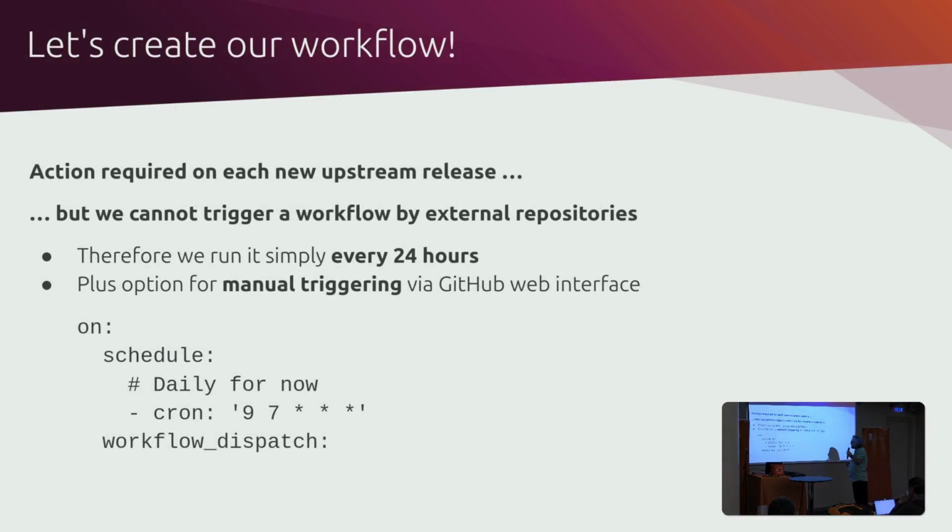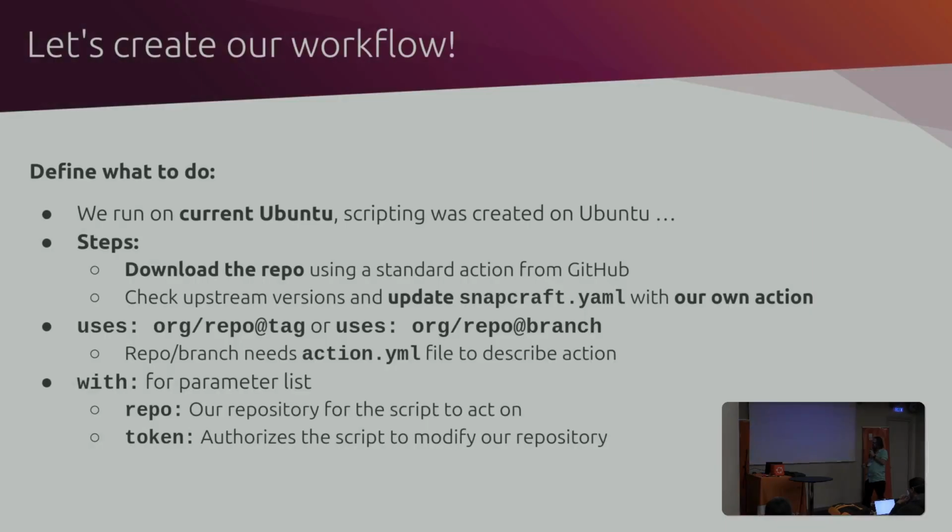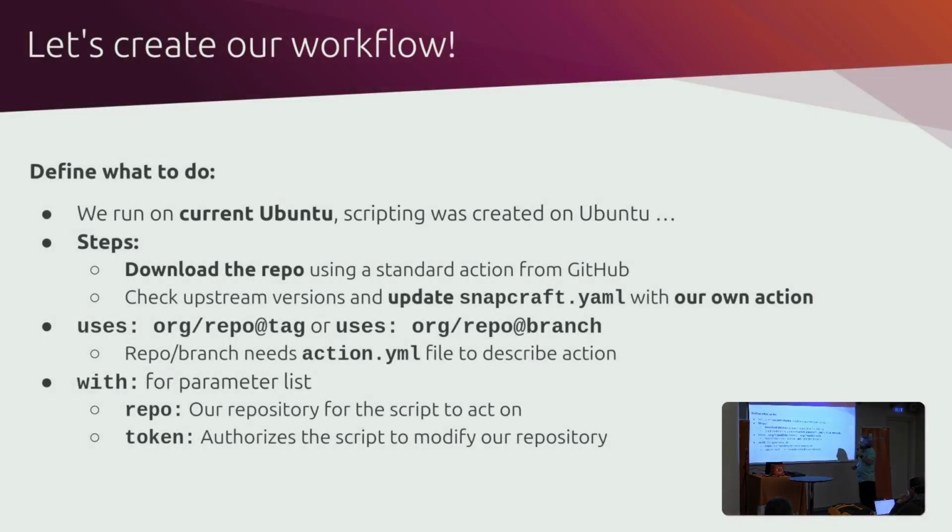So, as I've already explained here, this is the cron job style execution plus the manual execution for testing. Now this I have also explained. You have the step. We use these users to run external actions.